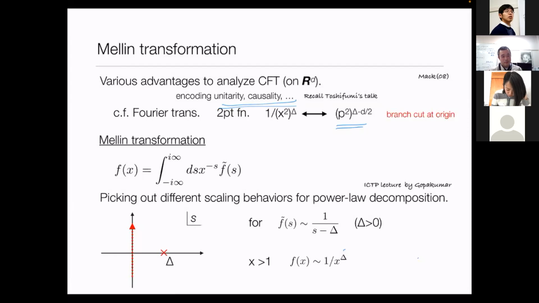Closing the contour on the right side, we get that f of x is given by 1 over x to the 2 delta, which is basically the form we wanted to evaluate. So by using the Mellin transformation, we can express the 2-point function or the correlators in CFT, making the pole structure clear. To borrow the words from an ICTP lecture by Gopakumar, the Mellin transformation is basically to pick up different scaling behaviors for a power law decomposition.